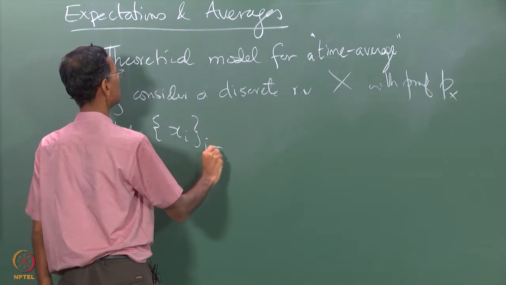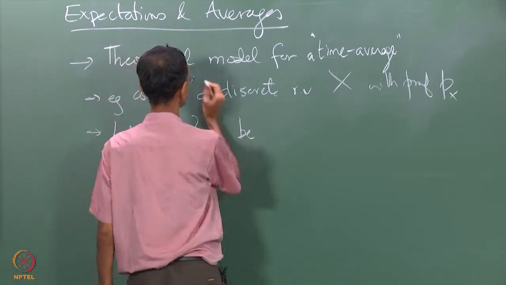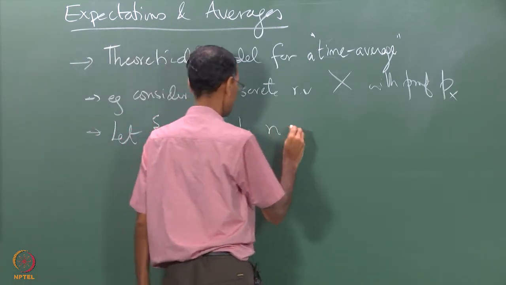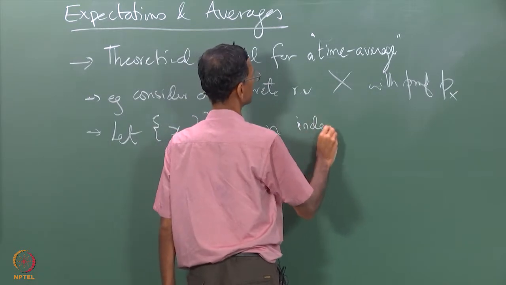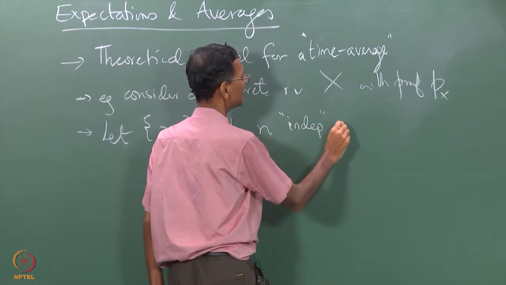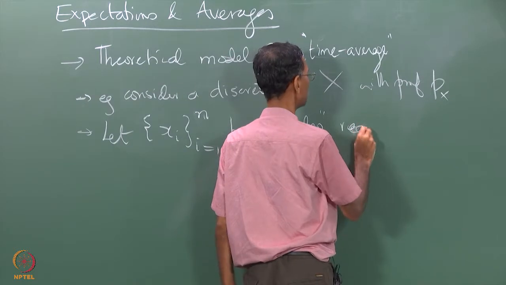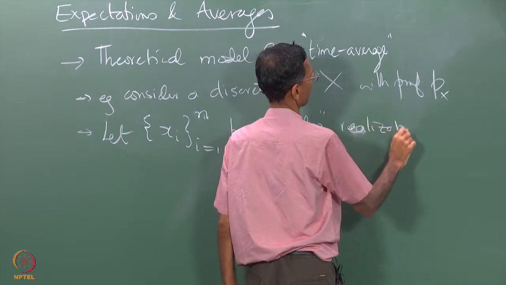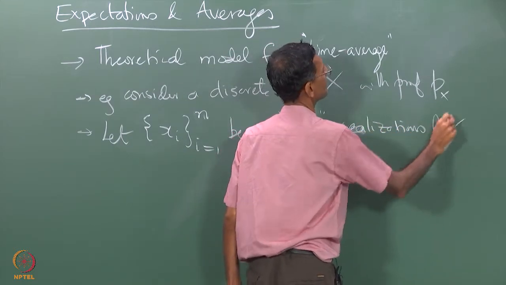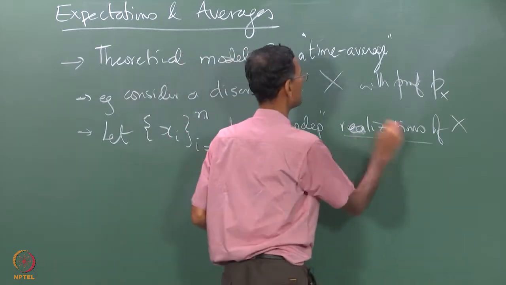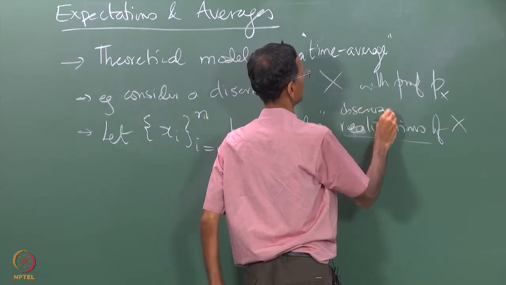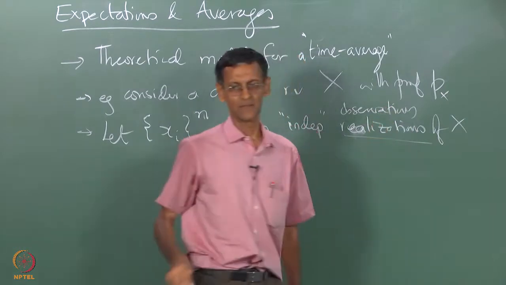You say i equal to 1 to n, n independent realizations. This is the standard setup in probability theory. That is n realizations or observations, whichever way you want to call it.